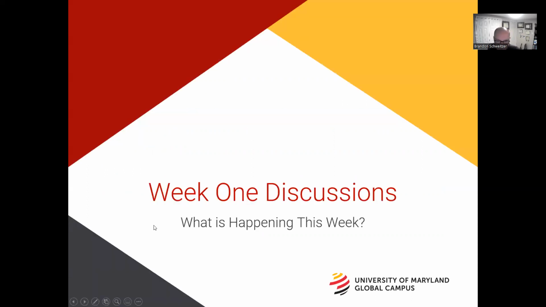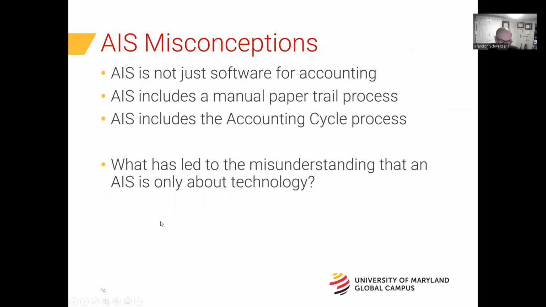Since this is week one, what's going on this week? What do I have to do? There's a discussion on accounting information systems misconceptions. And we talked about these throughout the past few minutes. Accounting information software is not just software. There are also, of course, manual processes involved. And again, it's not just pieces of software either.